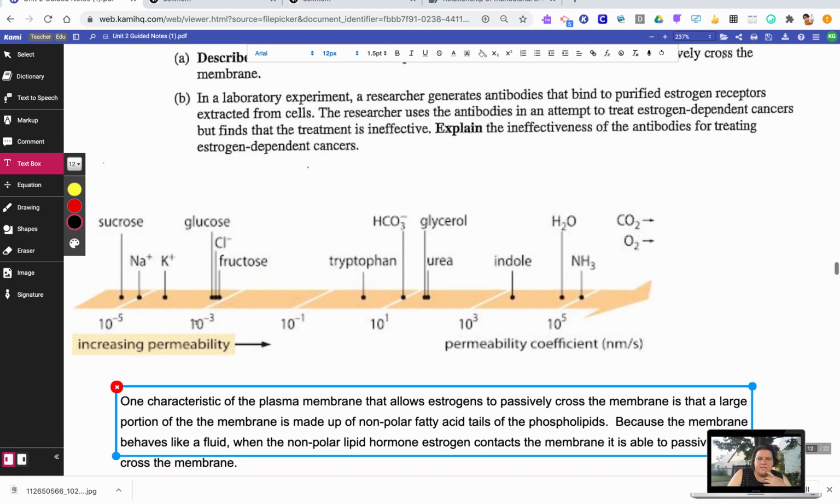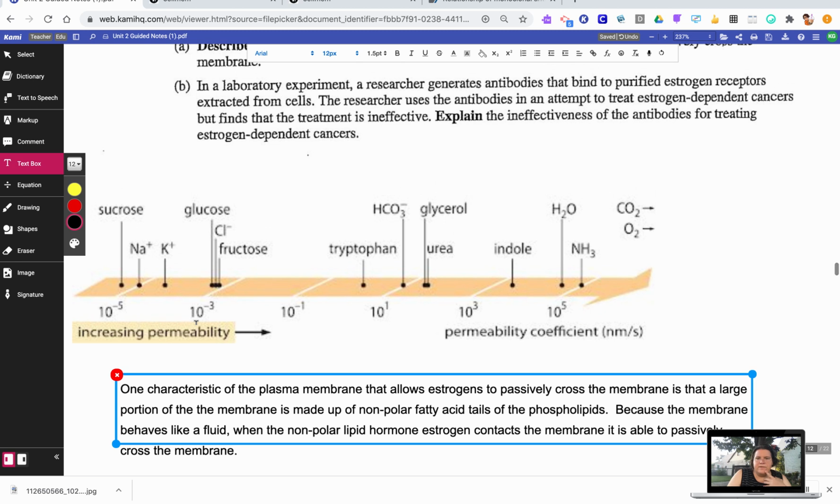And then it's telling us, in a laboratory experiment, a researcher generates antibodies that bind to purified estrogen receptors extracted from cells. So there's an antibody that is able to bind to the estrogen receptors. Estrogen normally promotes cell growth, and if you have a breast cancer tumor, in some cases estrogen will promote the growth of that tumor.